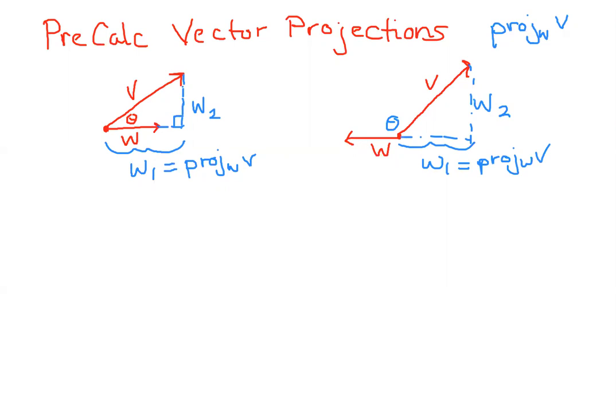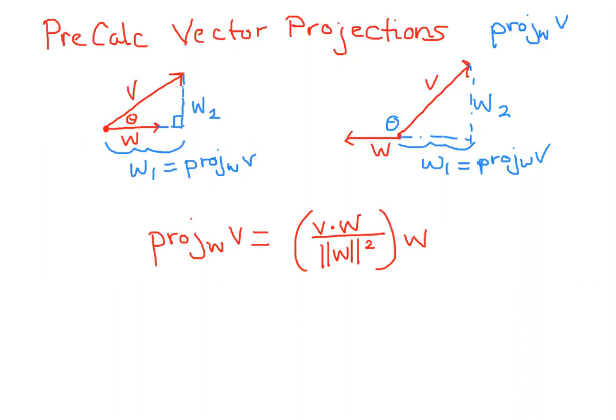So the way we're going to find it is the projection of V onto W equals the dot product of V and W over the magnitude of W squared, divided by W. So let's look at all of these pieces.